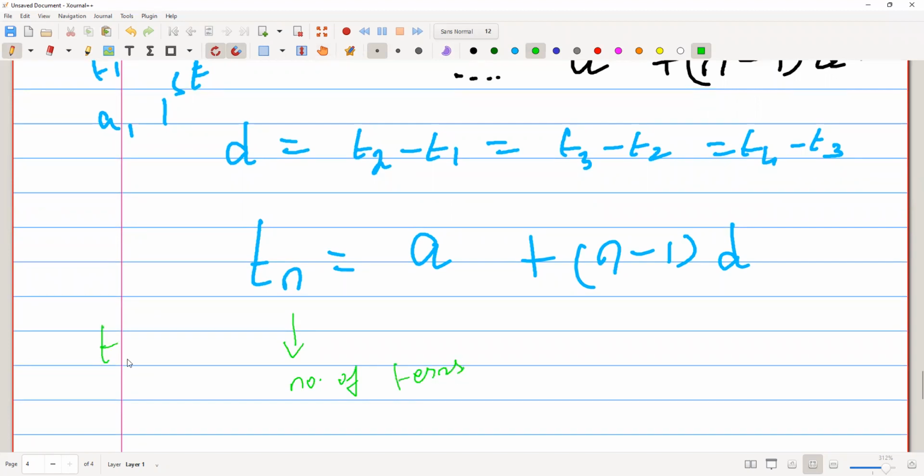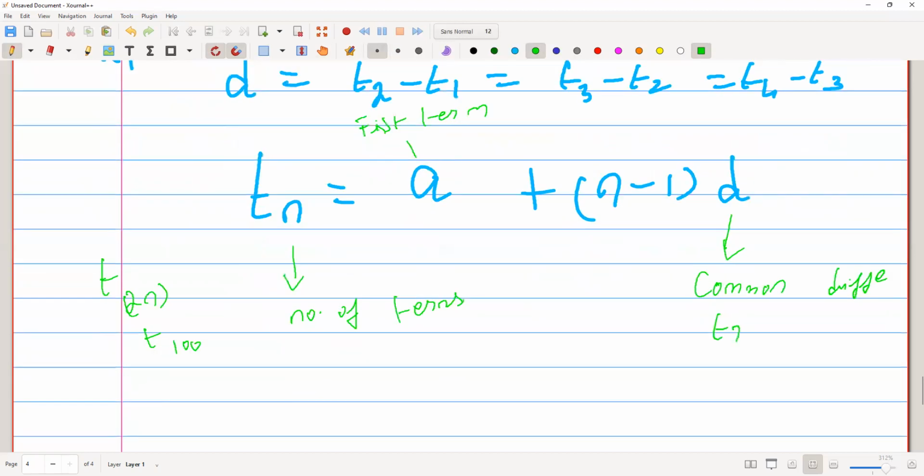If they give T2n, in place of n, substitute 2n. If they give T100, in place of n, substitute 100. A is the first term. D is the common difference, which is equal to T2 minus T1.